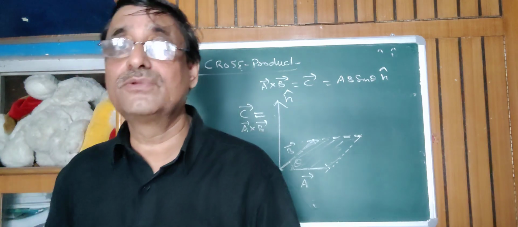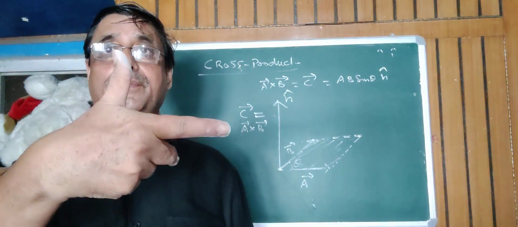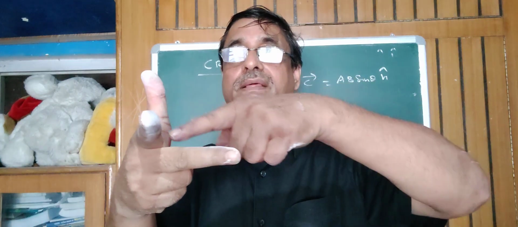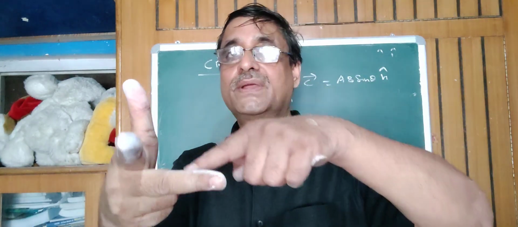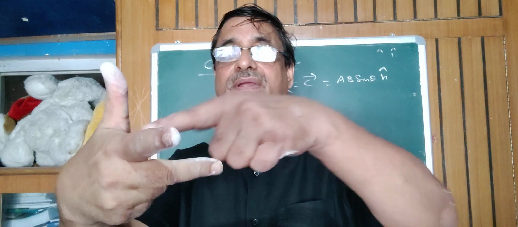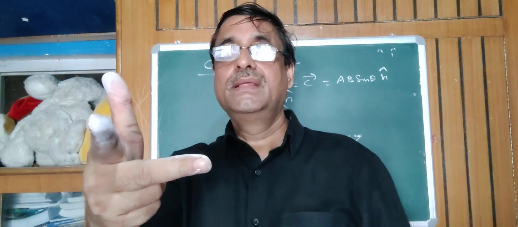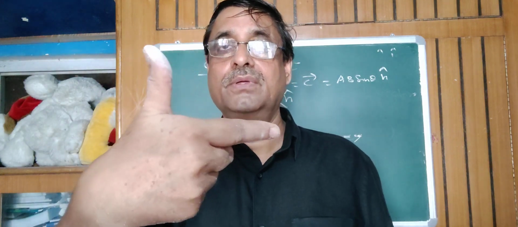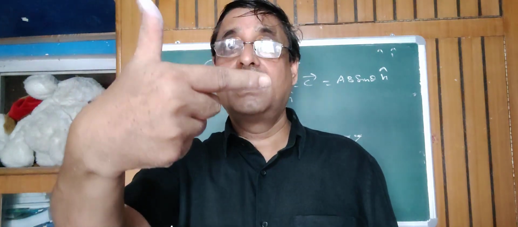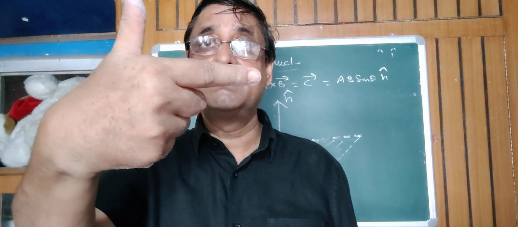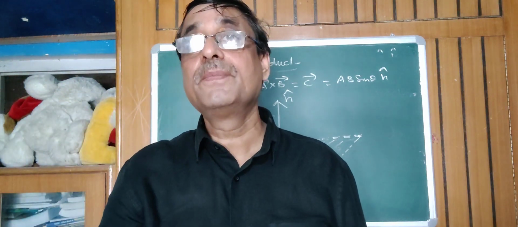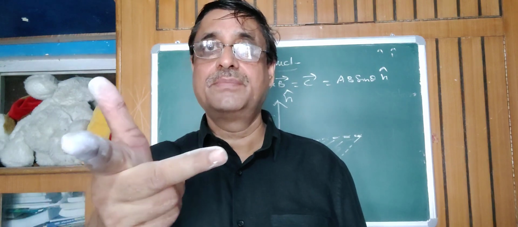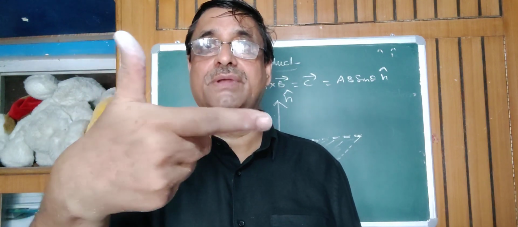आप डायरेक्शन इसकी राइट हैंड रूल से भी दे सकते हैं. You see, this is my right hand, and you can see if I say this is vector A, this is vector B. दो वेक्टर हैं, ऐसे कर लो चाहे. This is vector A, this is vector B. Now you take anticlockwise rotation. इसको you घुमा दो. तो जो थंब आपके पास रिप्रेजेंट कर रहा है, जिस डायरेक्शन में जा रहा है, that will be the direction of the A cross B. ये दो फिंगर ले ली, राइट हैंड किया आपने, और इसको आप एंटी क्लॉकवाइज रोटेट कीजिए.